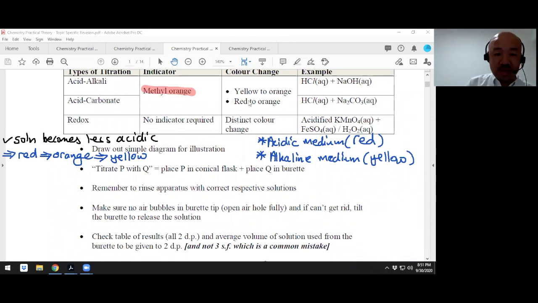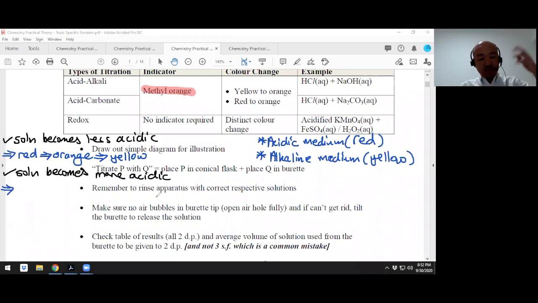So if you go the other way around, it's a reverse. When the solution becomes more acidic in the conical flask, you start with alkaline solution. Sorry, I used the wrong word, it should be more acidic.